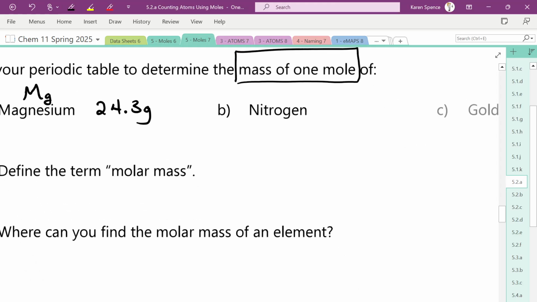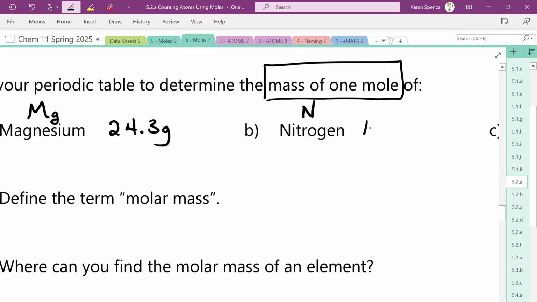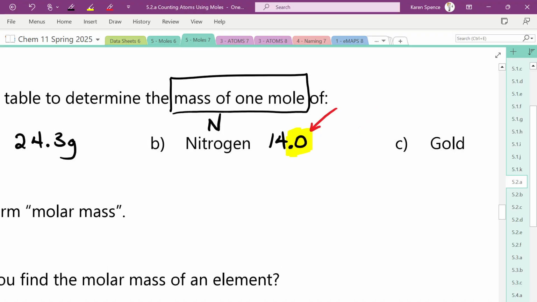Now, what is the mass of 1 mole of nitrogen? 14.0. Don't forget the 0. If you leave this off, you lose 0.5. Your molar mass should always be to 1 decimal place if you're using this periodic table. If you have a periodic table with more decimal places, your answer will be to more decimal places. But grade 11, always 1 decimal place. And the unit is grams.